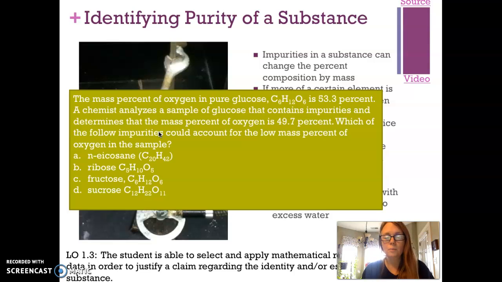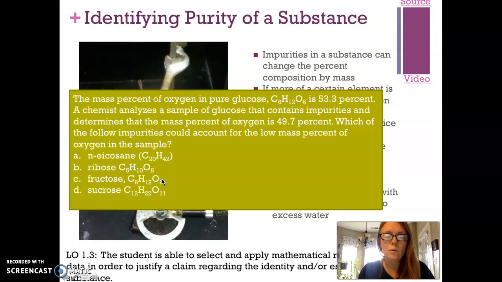And so pause the video here. Think it through. What do you know? You've got an observed percent oxygen that's lower than it's expected to be in pure glucose. You have 4 choices here of compounds that have differing amounts of oxygen in them.